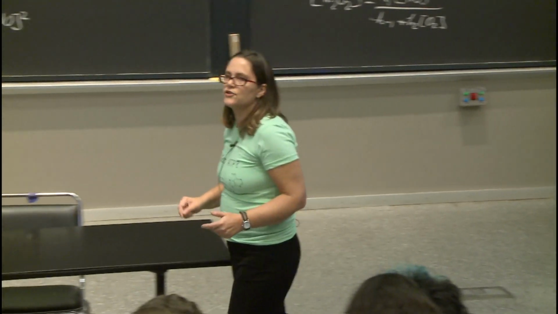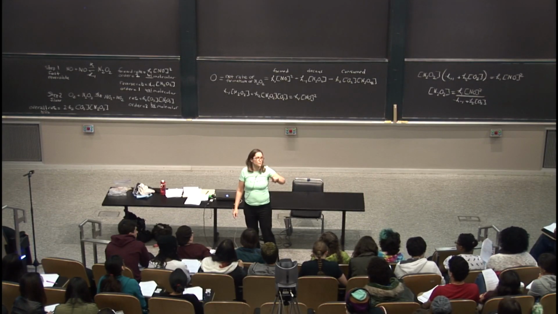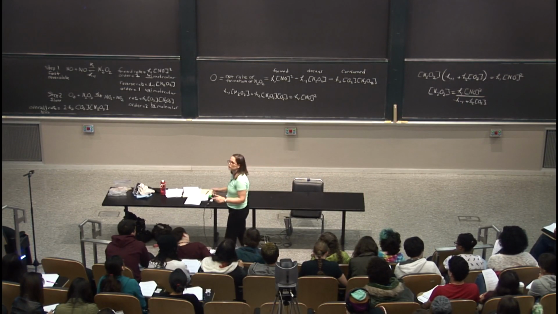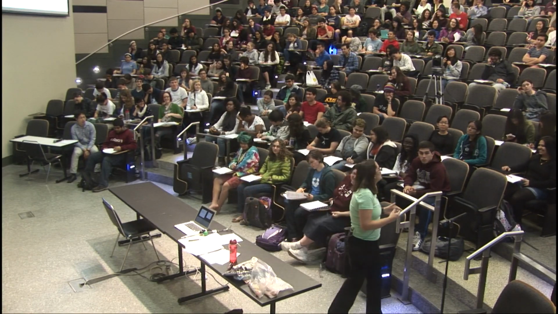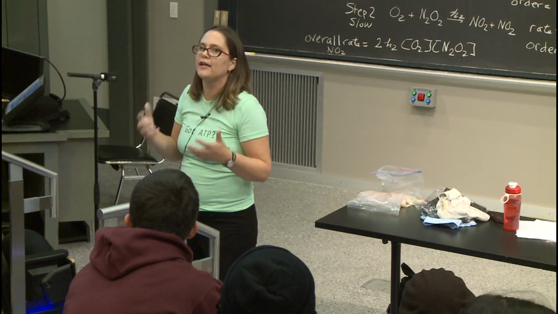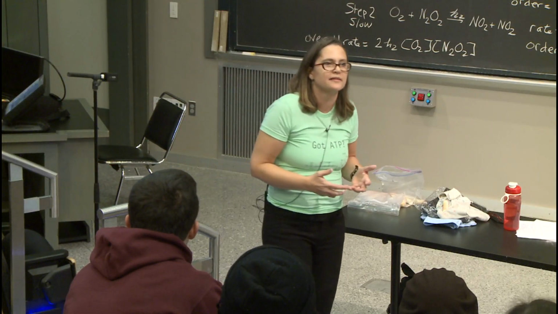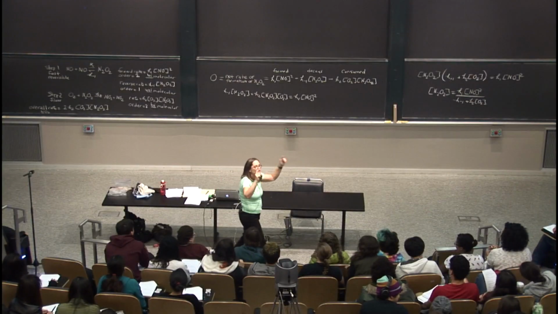Now, a lot of you know also about rate determining steps because some of you may be the rate determining step in your group of friends. The rate at which you get to dinner and eat is determined by you being ready to go. You know, some of you are like, yeah, that's me. You know who you are.